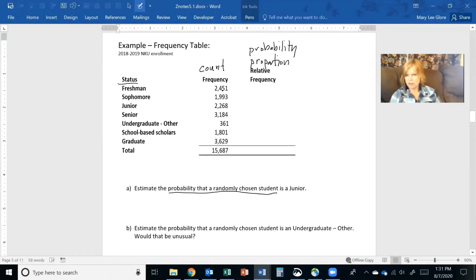So in order to get this frequency, we get the count, which is 2451, and we divide by the total count, which is 15,687. All right, so what I'm going to do is copy this table into Excel so that I can calculate all these at one time.